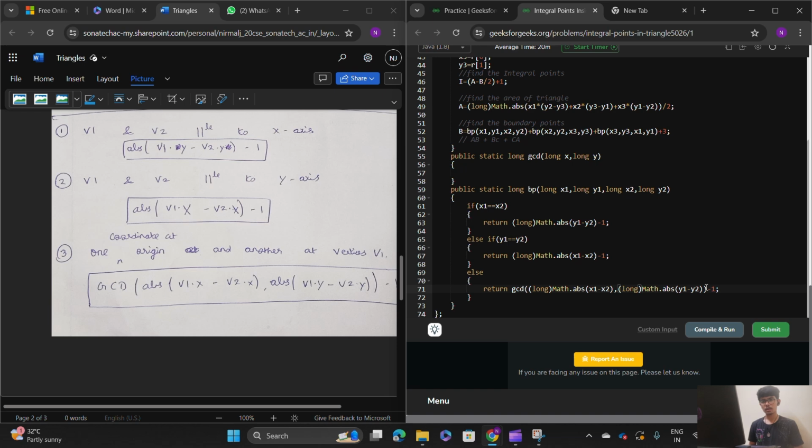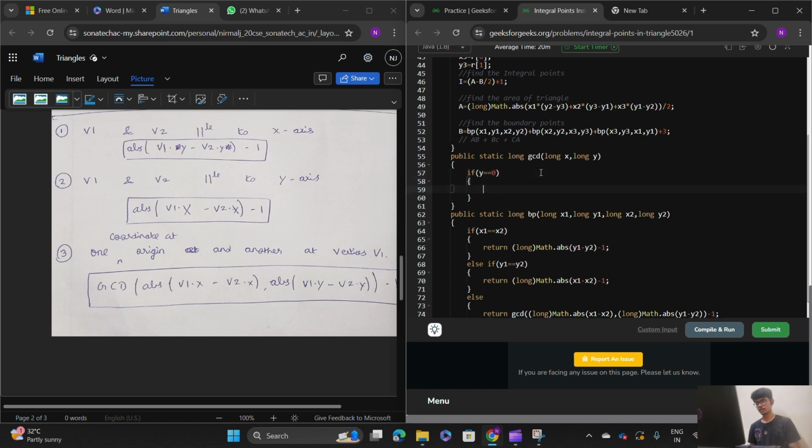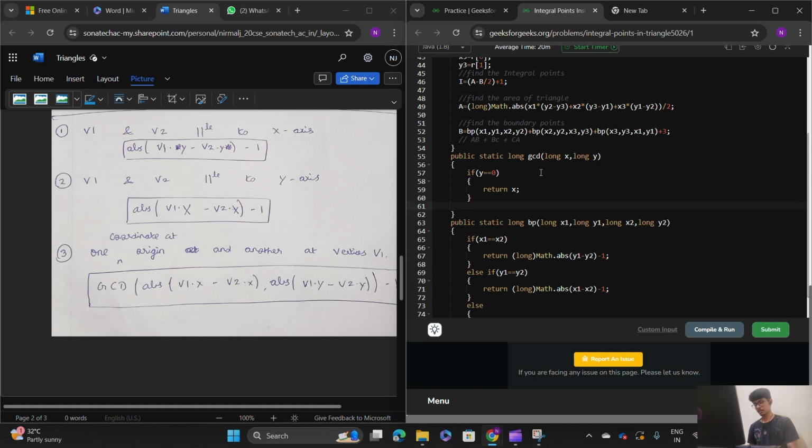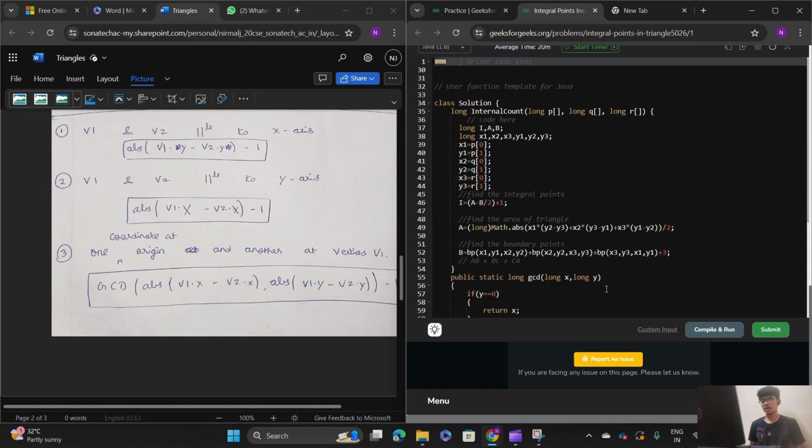Close the bracket. If y is equal to 0, in that case I will return x. Else I'm going to do a recursive function: return gcd of y comma x modulo y. So that's it. After this, I will get the value of my boundary points.